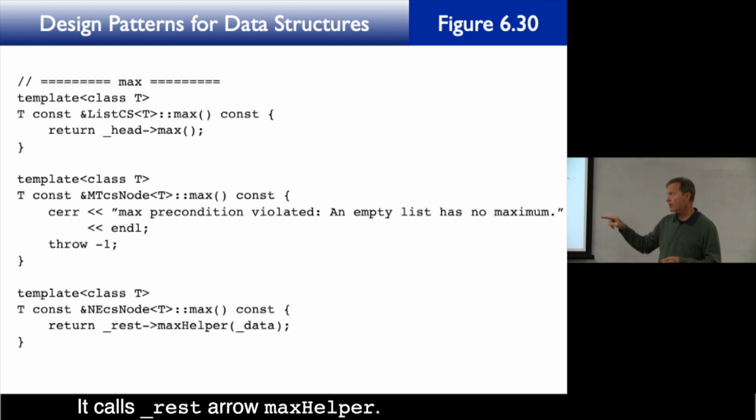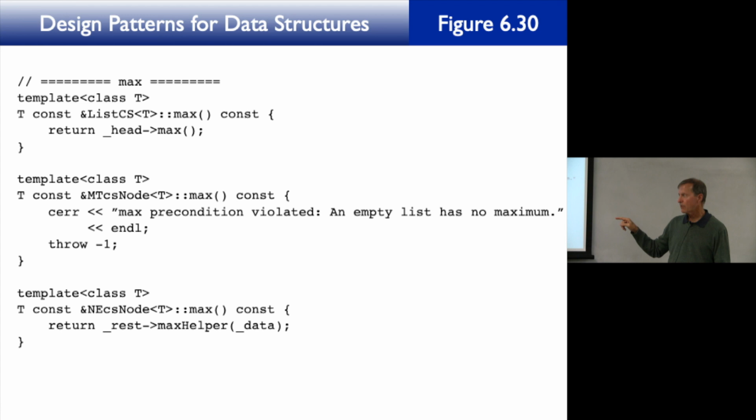So it does underscore rest dot max helper. So now you see, when it's calling max helper, it's calling the max helper for whom? For underscore rest. Are you with me? What is underscore rest? It's a list, right? So it's calling, and it's passing along data as the parameter.